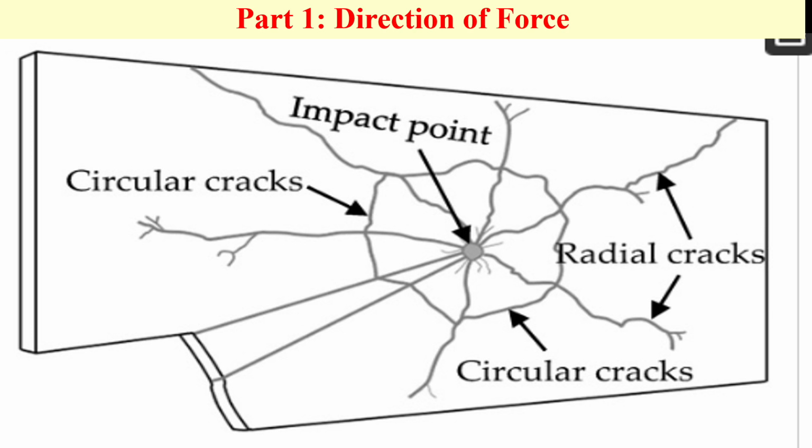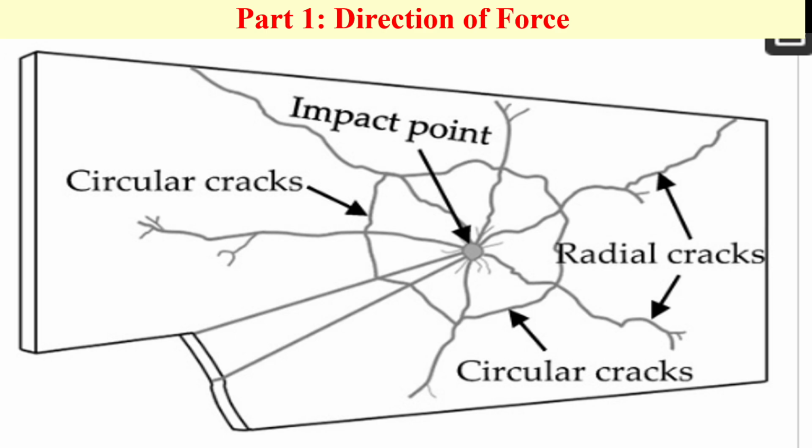The determination of the direction of the force is very important because if we determine the direction of the force, we can establish whether anybody has broken the glass from the outside or inside. In some cases we observed a person intentionally breaking the glass from inside and claiming somebody or some enemy attacked from the outside.